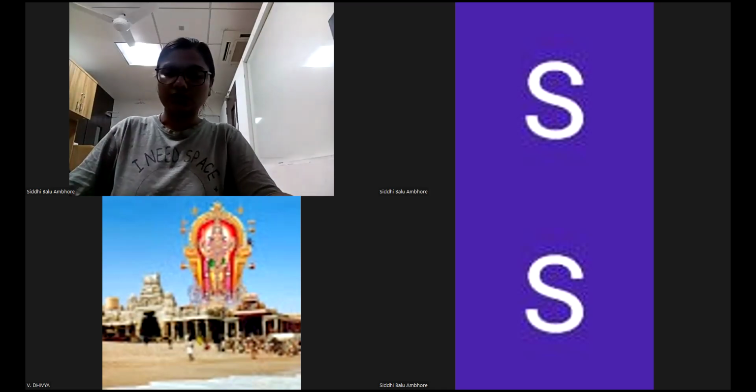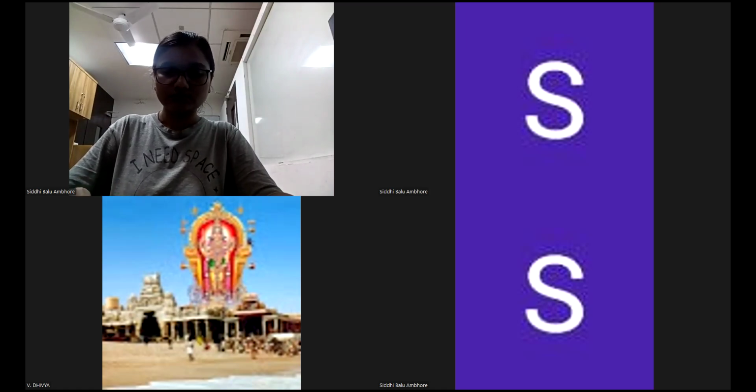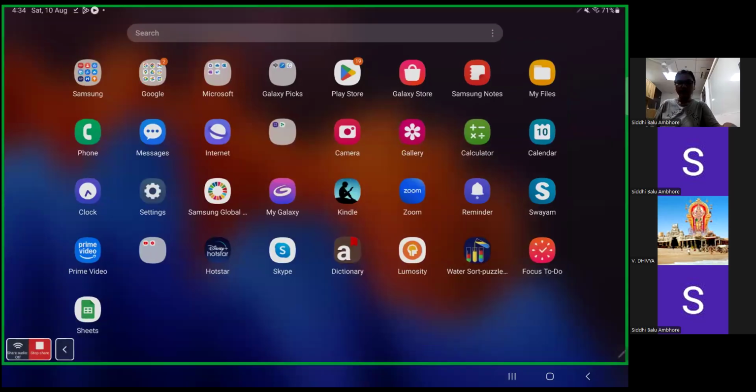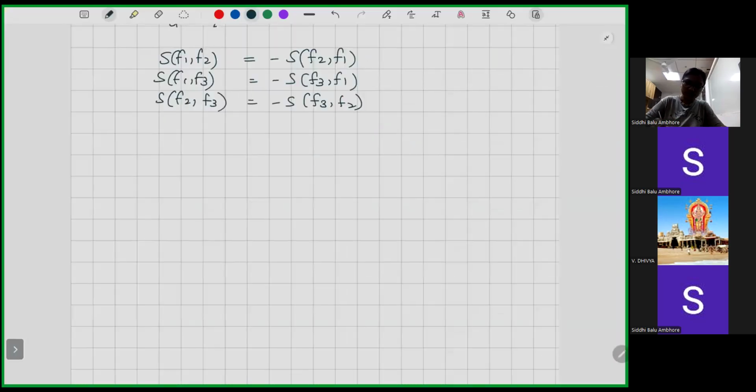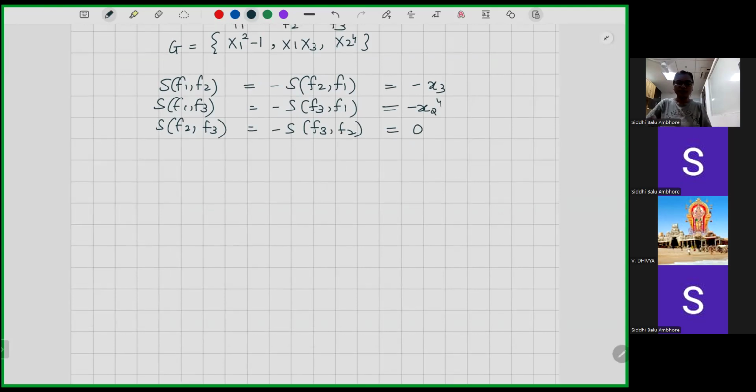Let me just share my screen here. So there were 3 terms which we got: minus x3, minus x2 power 4, and 0. Okay, so this is what we got, if you remember.